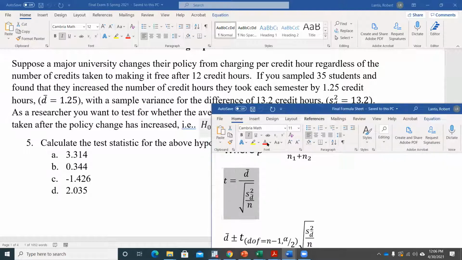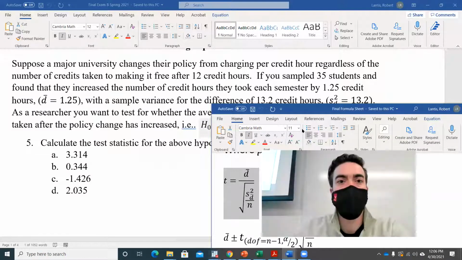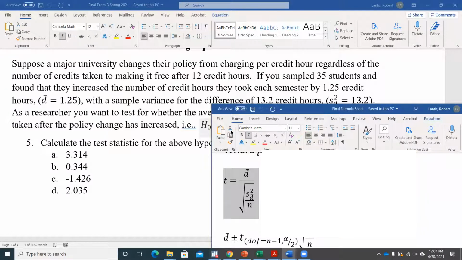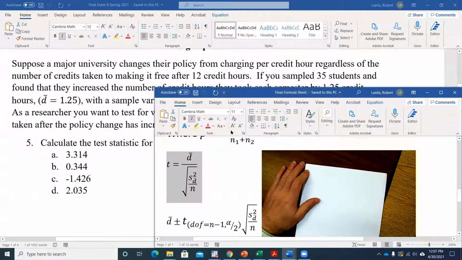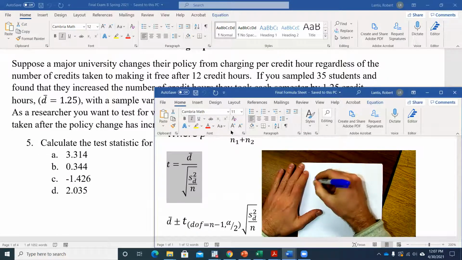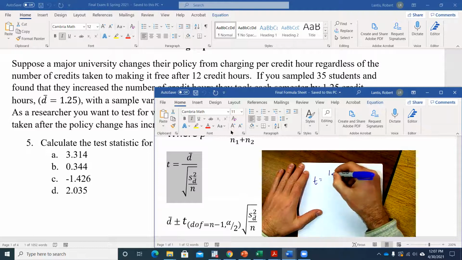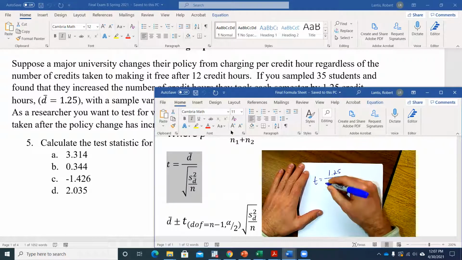So all I'm doing is plugging in 1.25 divided by the square root of 13.2 divided by my sample size of 35.